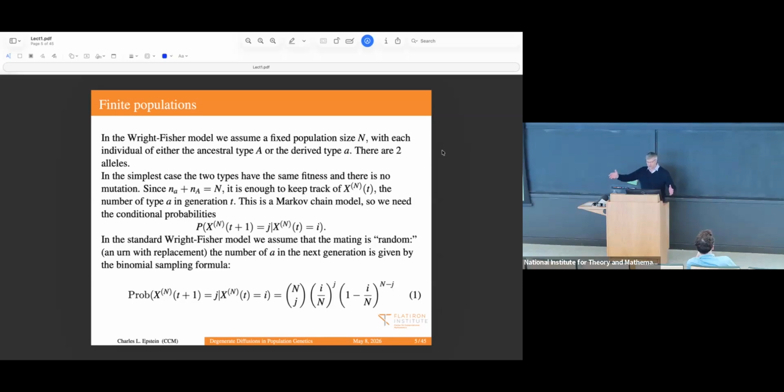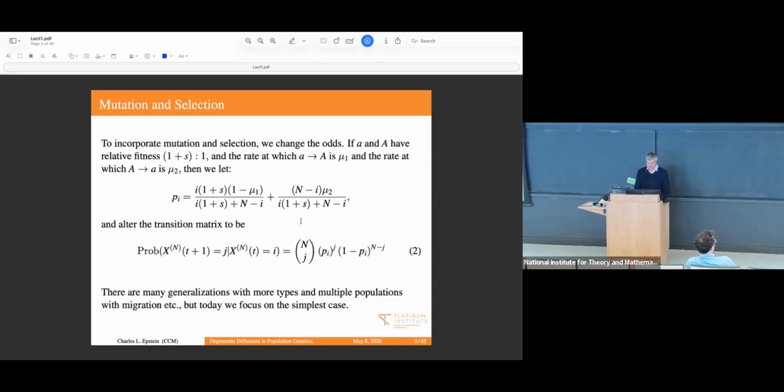You have an urn with white balls and black balls, let's say, and the proportion of white and black is determined by the population at the current time, and then we just take out N balls. It's an urn model with replacement, so taking out balls doesn't change the proportions within the urn. You can think of it as having infinitely many balls of each type. That means the probability is just given by this binomial expression.